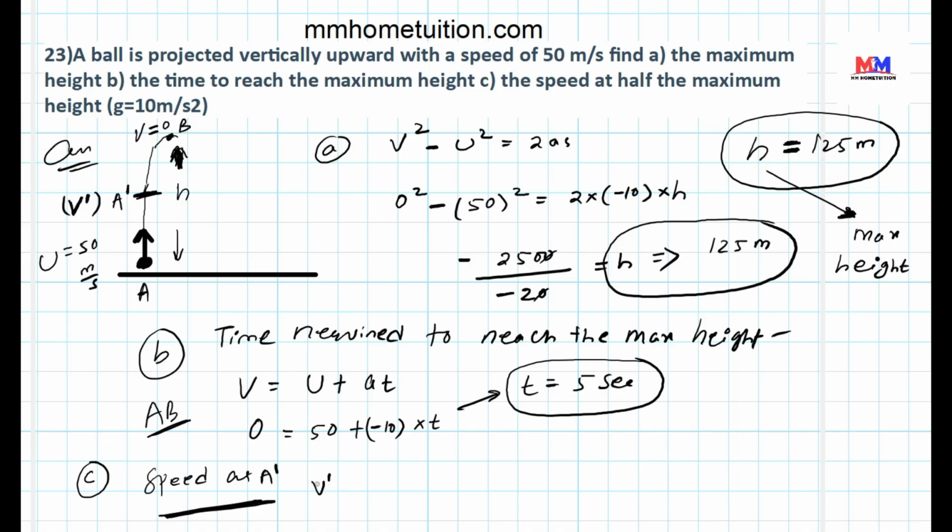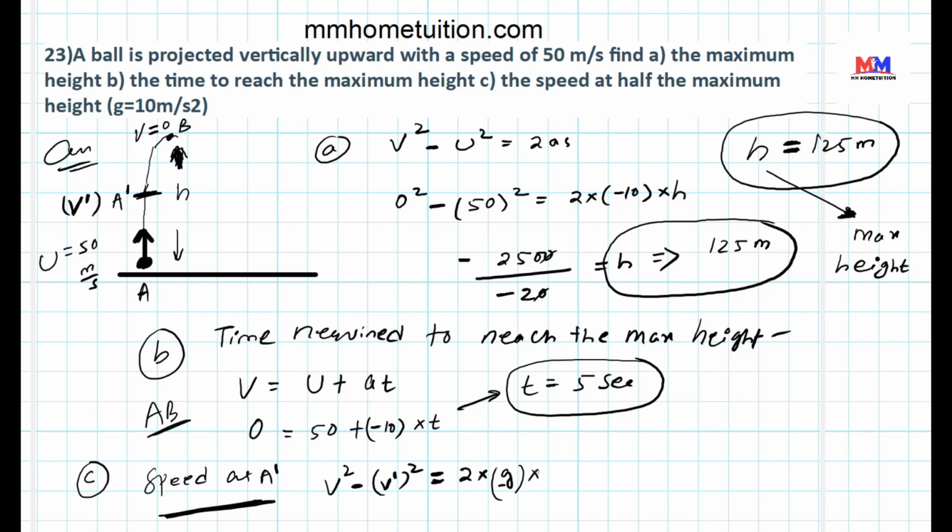So V dash square. It would be like v square minus u square is 2as. So v square minus V dash square equals 2as, where 2as is 2 into minus g into h.